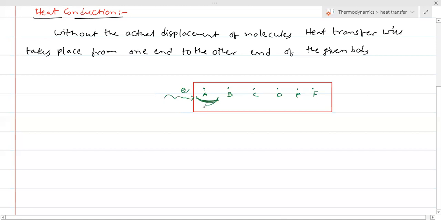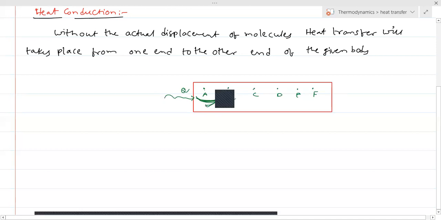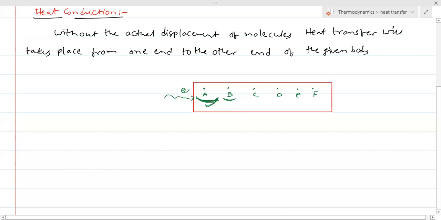Until it possesses energy, it makes oscillation. But after shifting the energy to the B molecule, molecule A is brought back to its original position.